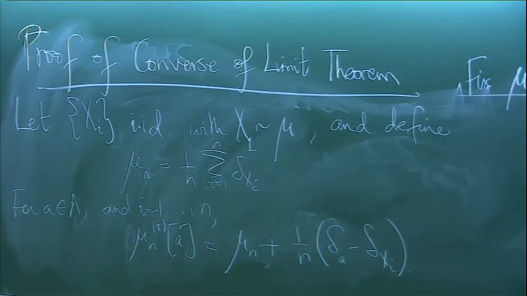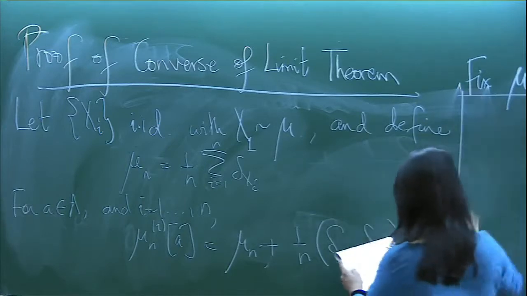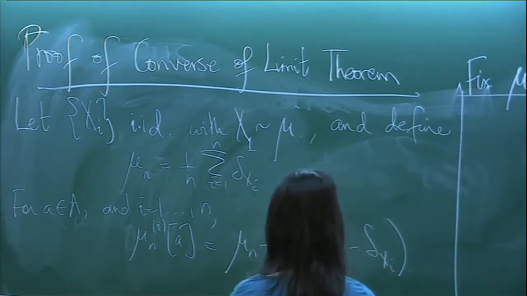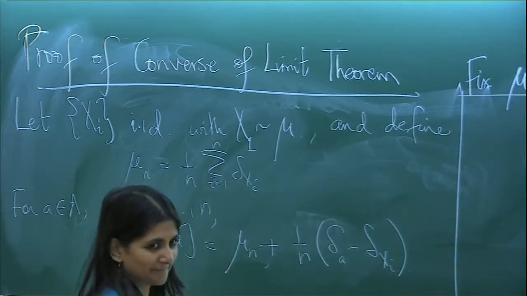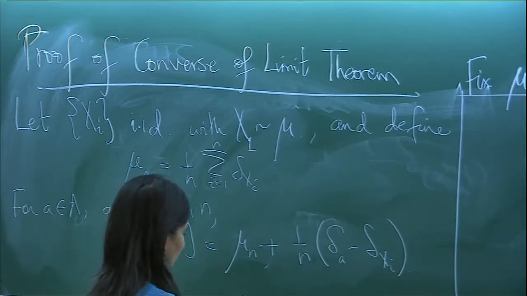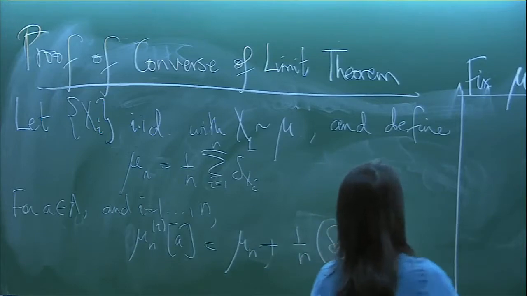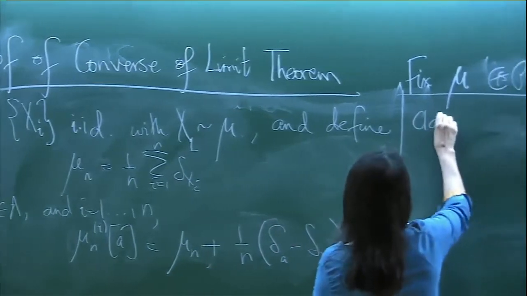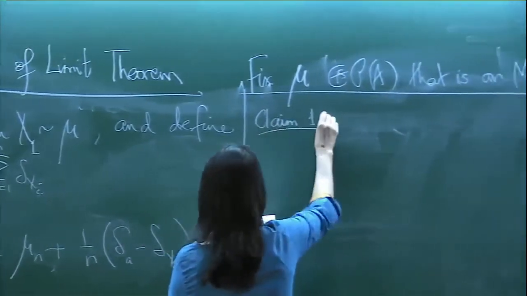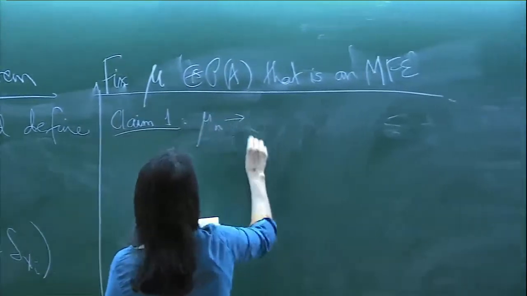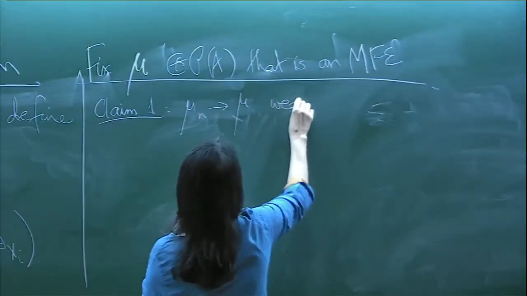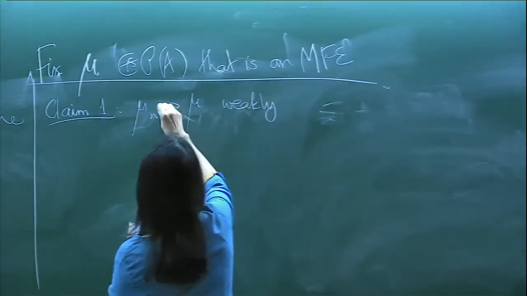And now, what do we expect mu n to converge to? Yeah, so the law of large numbers tells us that. I'll write this.